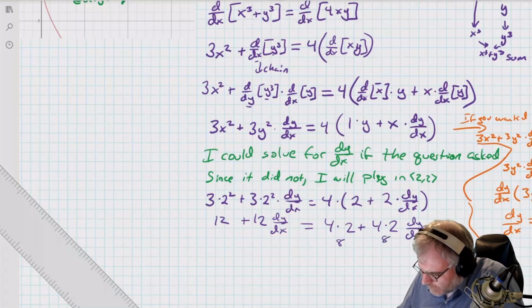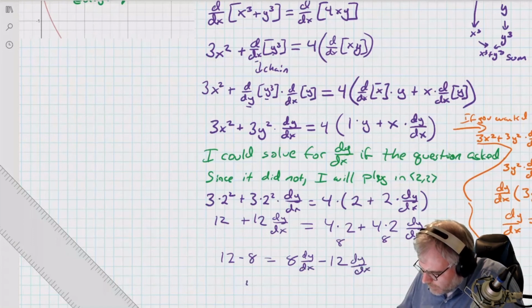I'm going to move that 8 over there. So this becomes 12 minus 8 equals, what did it do? 12 equals 8 dy over dx minus 12 dy over dx. So I move that 8 over there, that 12 over there.